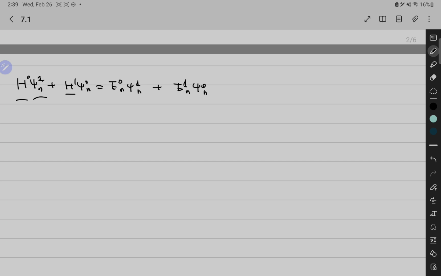And our H prime here stands for the perturbation Hamiltonian. Our psi 0n here stands for the unperturbed wave function. Our E0n here stands for the energy of the unperturbed system. And our E1n, which is what we're trying to find in this video, stands for the energy difference between the unperturbed system and the first order correction, or first approximation.